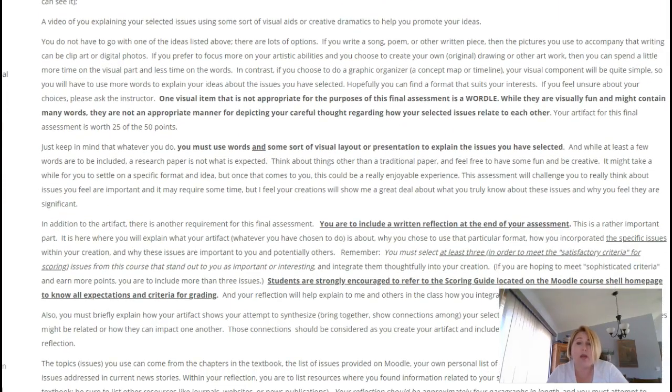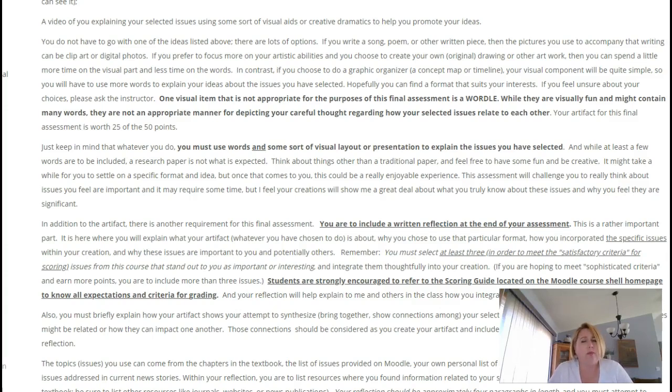Now, the one thing I want to tell you is that depending on what you select, if you pick something that is more of a visual representation, just a static picture of some various items that represent your issues, you are going to need to spend more time on the written side explaining your artifact, because unless I can tell explicitly from your artifact how all these issues interrelate, you're going to need to help us, as the person viewing your artifact, to understand them through your written reflection.